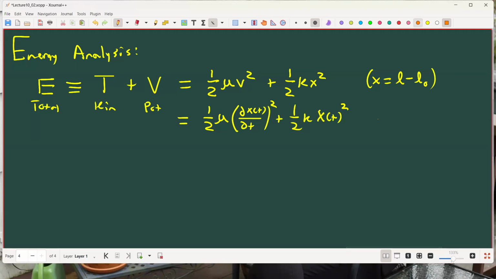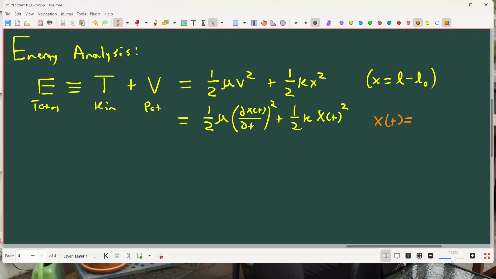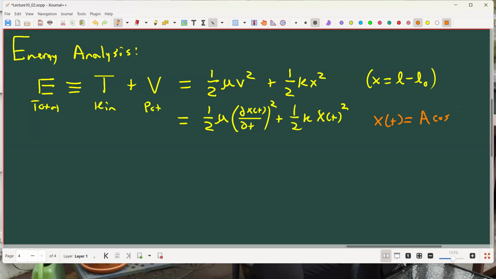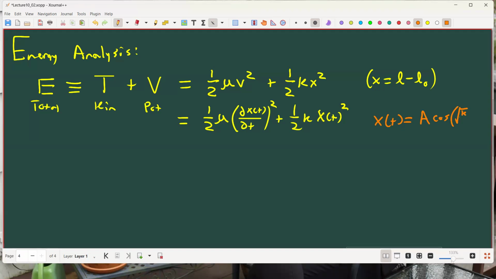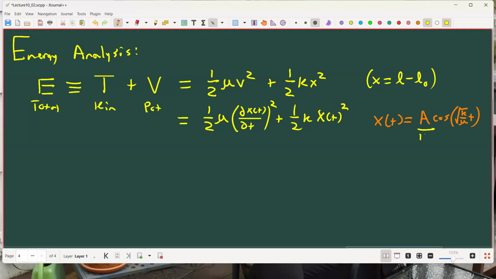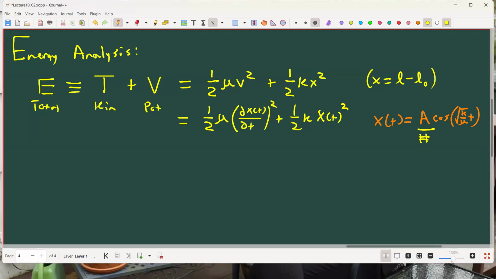So let's just take one. So let's let x of t be a cosine of square root of k over mu t, where a is just some number, some amplitude, just a number. It's how hard we stretch it, if you will.